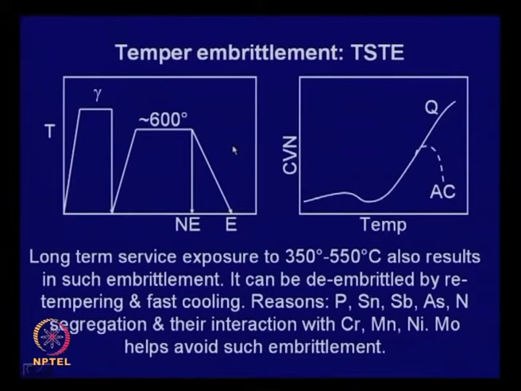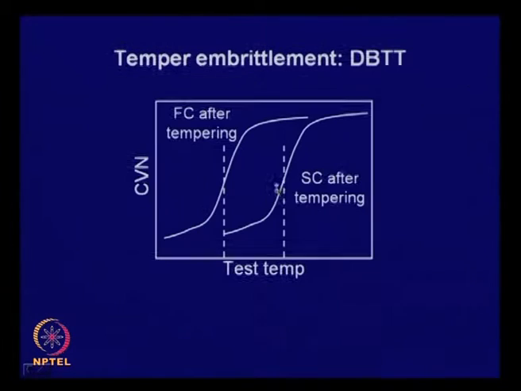So they are quite prone to this kind of service embrittlement. After this, if you give this kind of heat treatment again, you can restore the toughness. And temper embrittlement is also associated with an increase in ductile to brittle transition temperature.